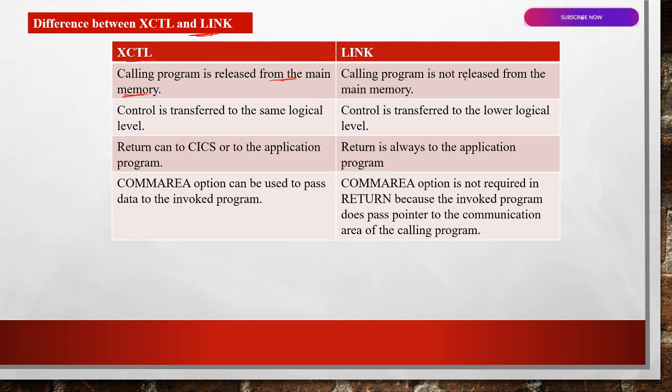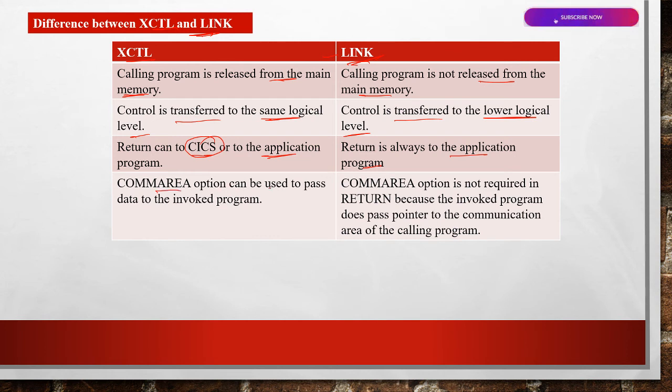In the case of LINK, the calling program is not released from the main memory, and control is transferred to the same logical level in the case of XCTL, and control is transferred to the lower logical level in the case of LINK, as we understood before. RETURN can go to CICS or to the application program, but mainly to the CICS.